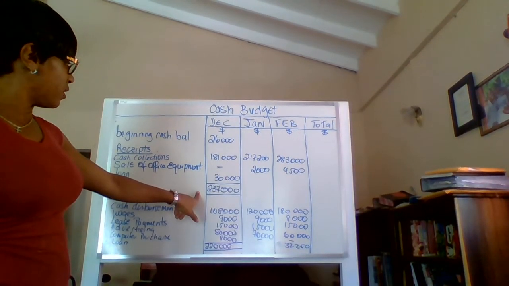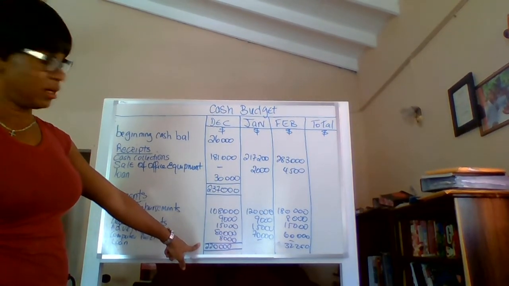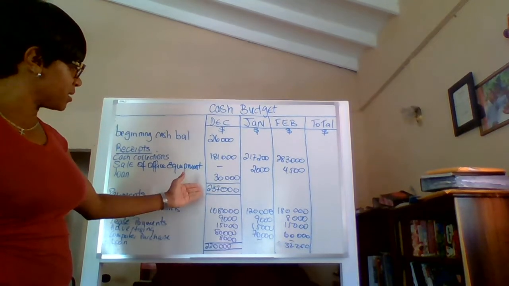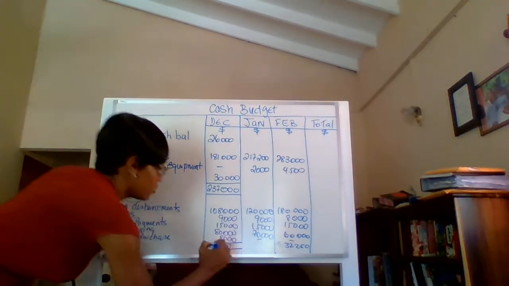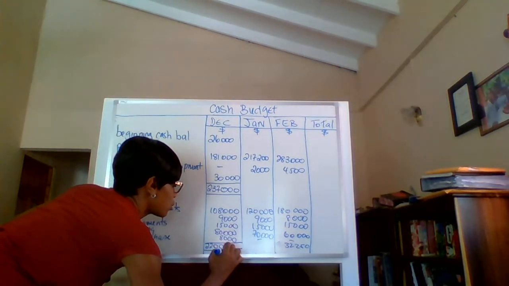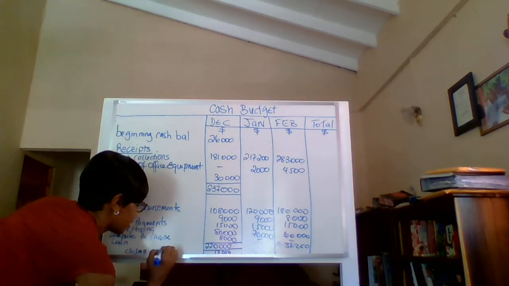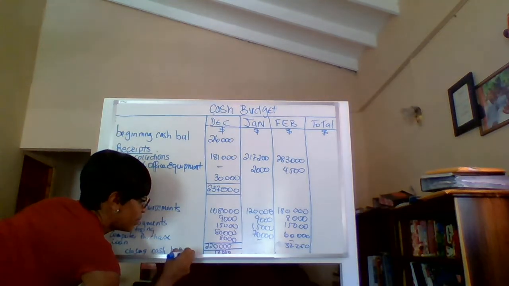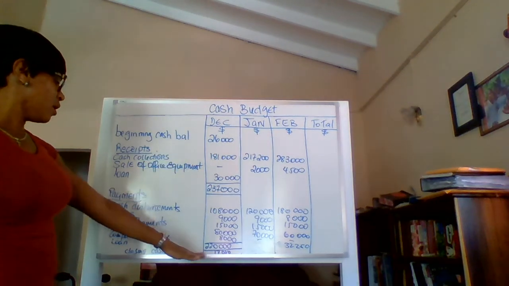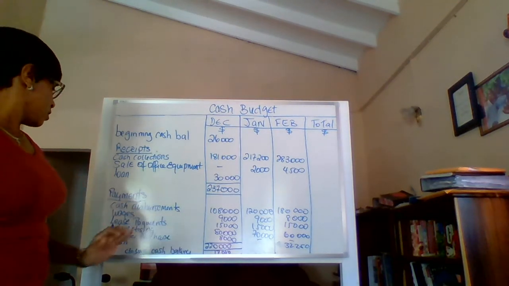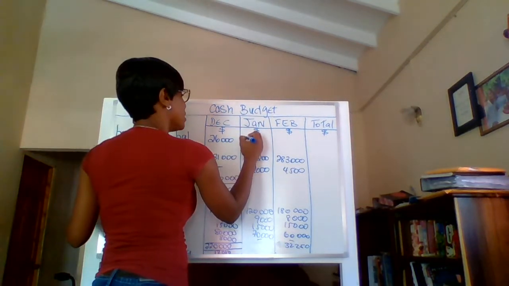Our total receipts in December is 237,000. Your total payments is 220,000. You subtract the payments from your receipts, you have a balance of 17,000. So our closing cash balance in December is 17,000. Note our opening cash balance is 26,000, closing balance 17,000. So your closing cash balance in December becomes your opening cash balance in January.